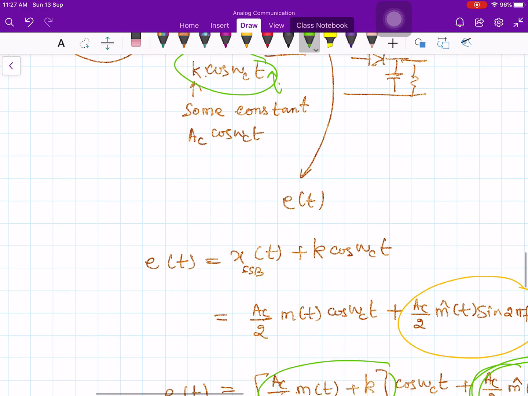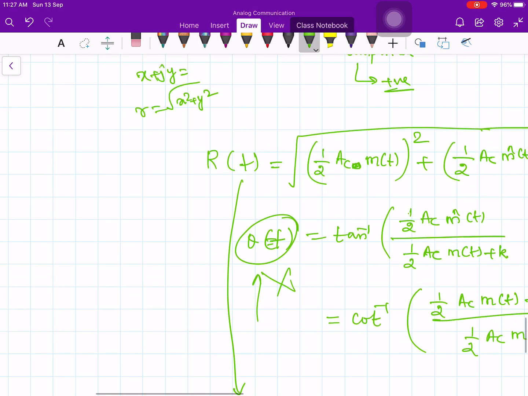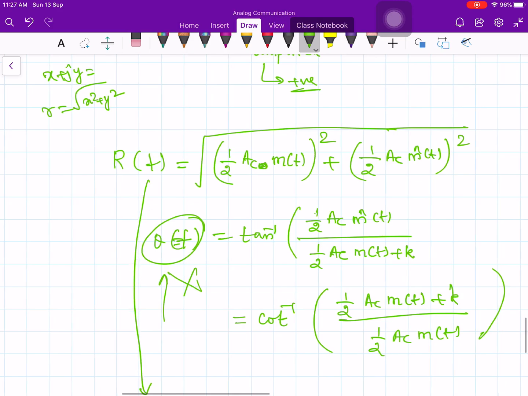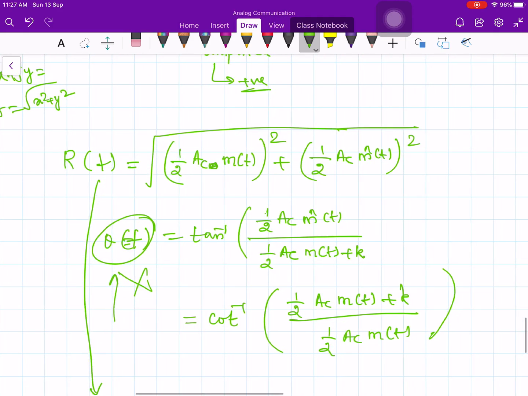Now let us look at the expression for the envelope. What is your R of t? Your R of t is the square root of 1 by 2 AC m of t, the whole squared, plus 1 by 2 AC m cap of t, the whole squared. Now I would like the envelope to follow the message signal m of t.